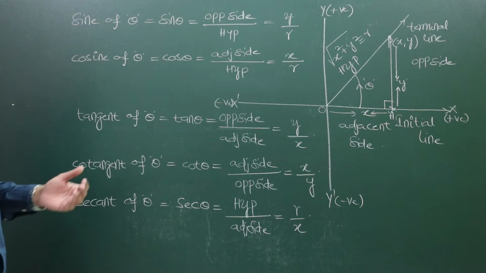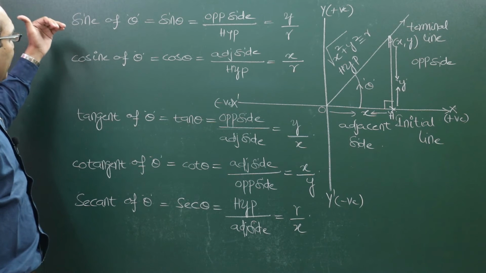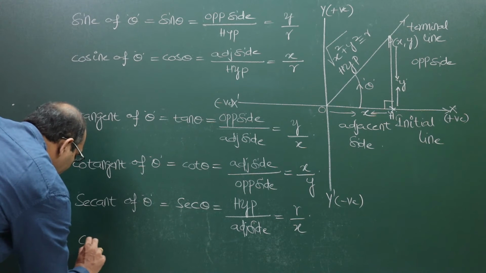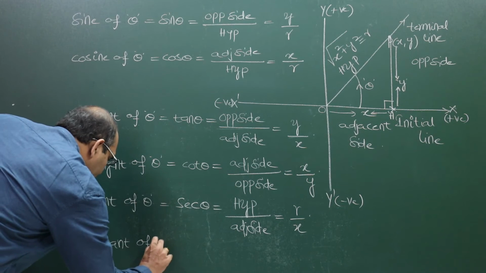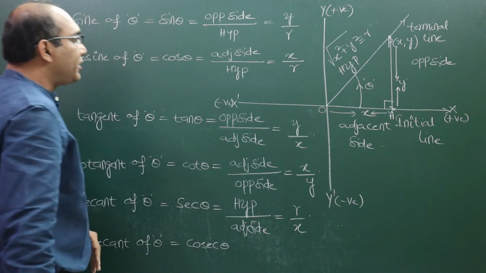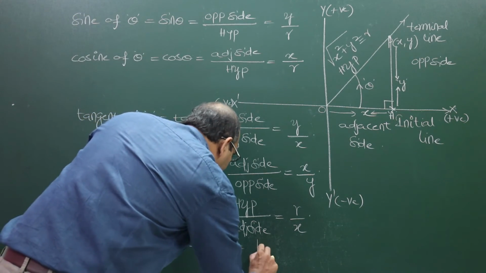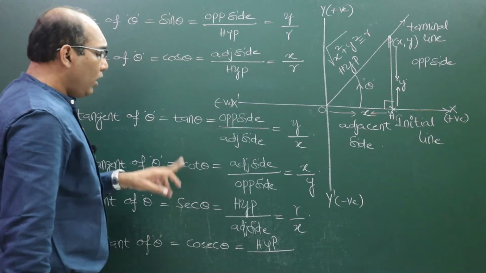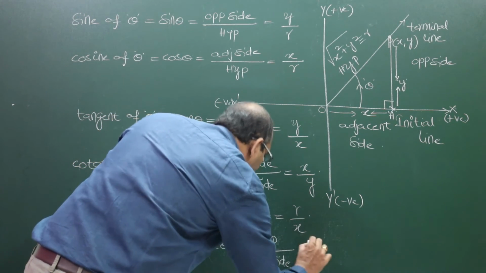Now it's clear. Now what about the cosecant theta? The cosecant theta is nothing but the reciprocal of sine theta, that is hypotenuse by opposite side.